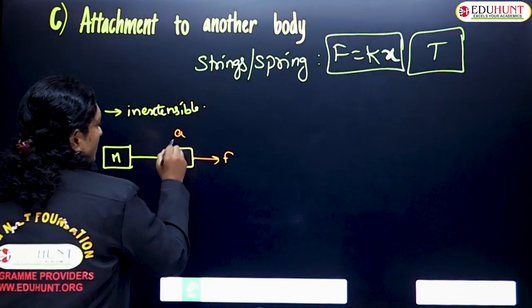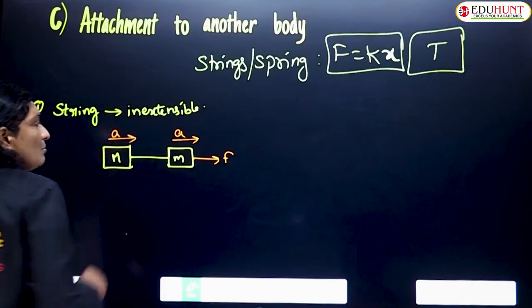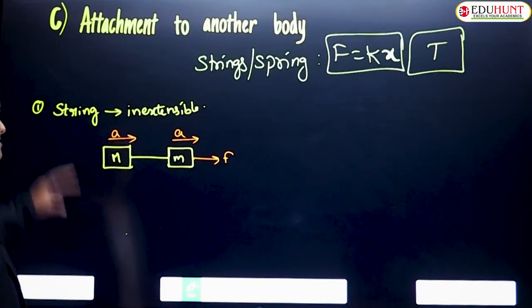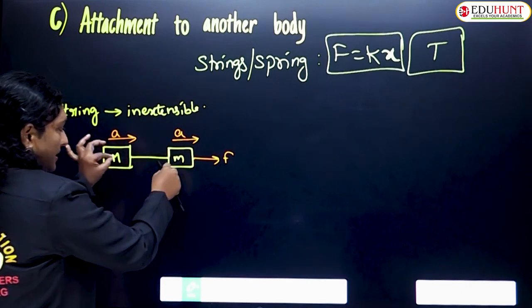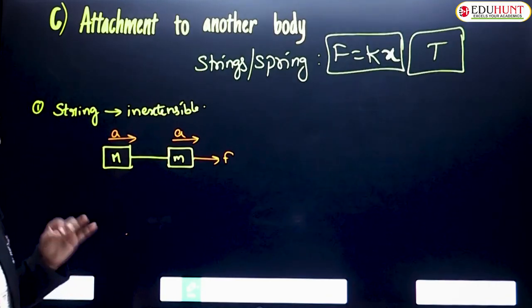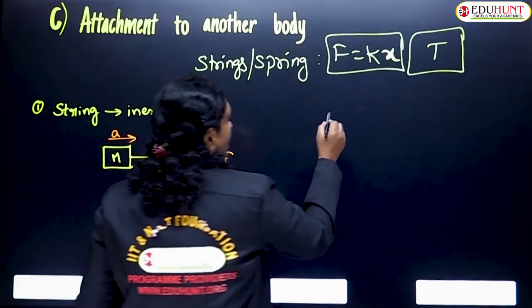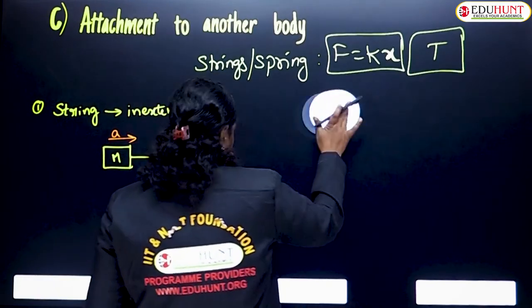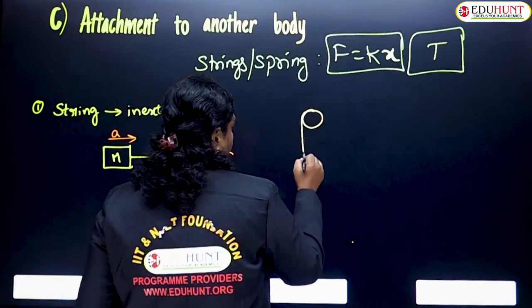No doubt the body will move with some acceleration, and the other body will also move with the same acceleration. That means if the string is not extensible, then the acceleration of both bodies will be the same. Either you can consider this example, or you can consider another example with the help of a pulley.